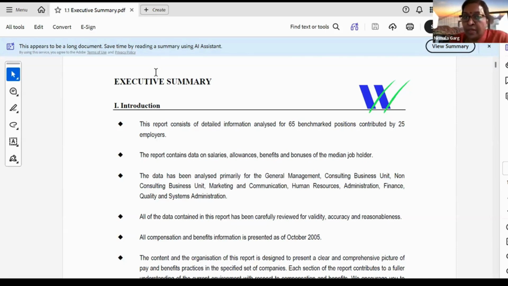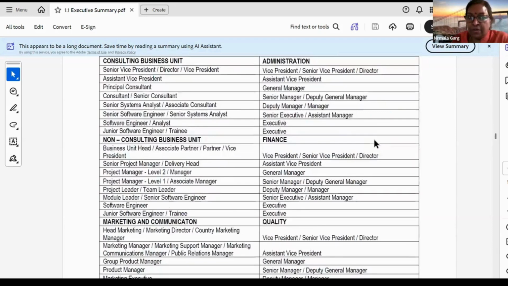So 65 positions are being benchmarked here, and data is being collected from 25 companies.